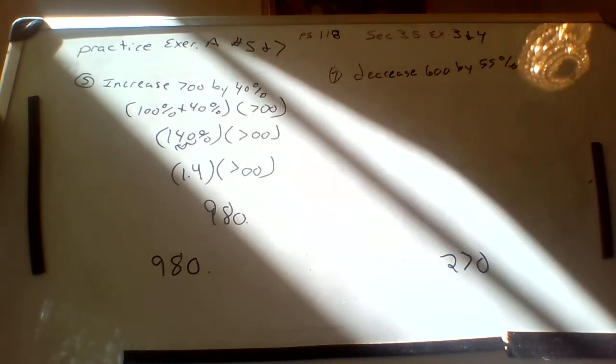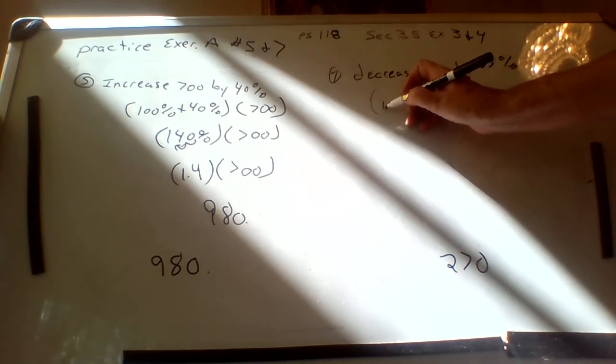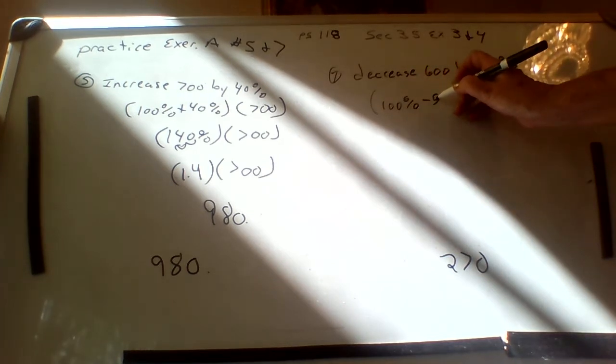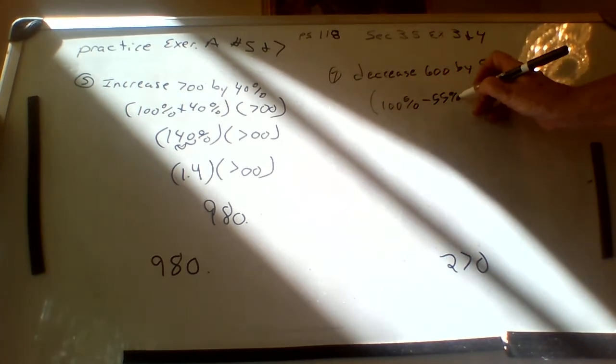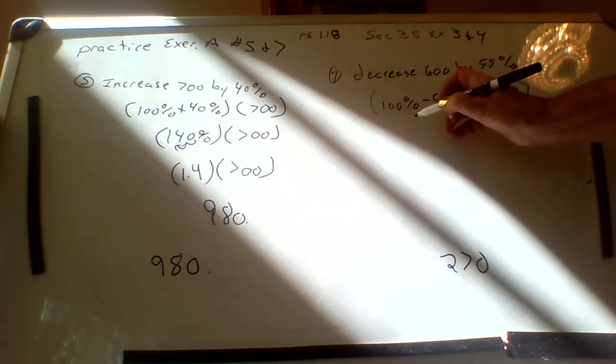All right, number 7, it says decrease. All right, so we're decreasing 600 by, so we got 100%. We're decreasing by 55%. So we're going to subtract. By indicates multiplication. So that's what these two parentheses next to each other means.